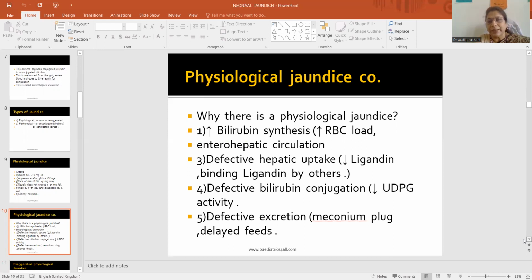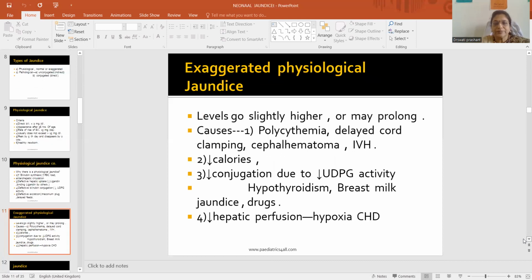Thirdly, defective hepatic uptake, because ligandin binding sites are fewer in the initial days of life. Fourth, defective bilirubin conjugation, as in the initial days there is decreased UDPG activity. And fifth, defective excretion because of meconium plugs and delayed feeds. This also can lead to an increase in enterohepatic circulation and lead to physiological jaundice.